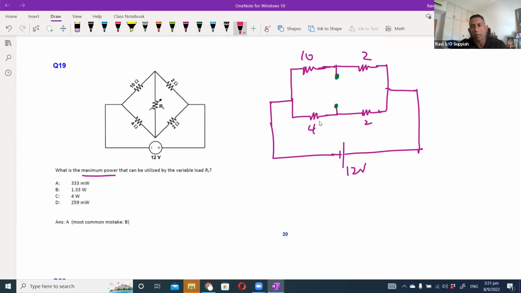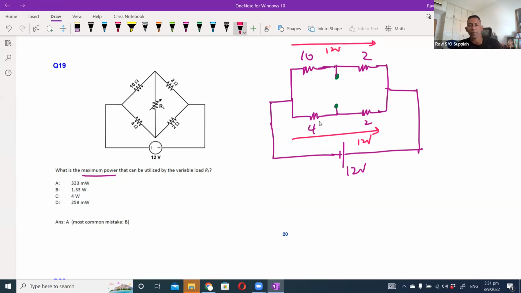Since both this 4 ohm and 2 ohm branch and the 10 plus 2 branch are parallel with the 12 volt source, the entire 12 volts appears here and the entire 12 volts also appears here. Correct?